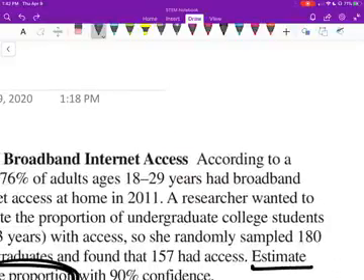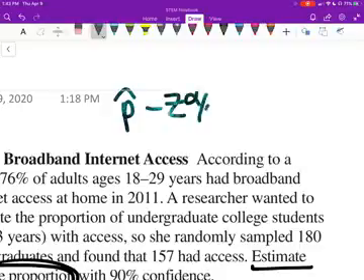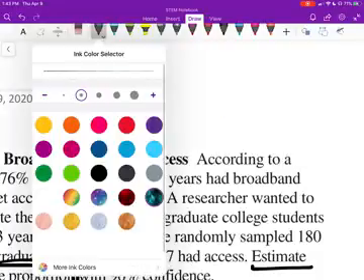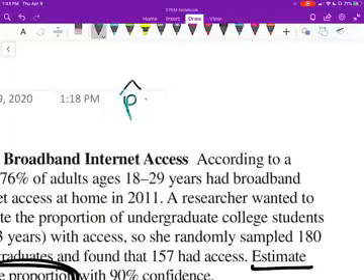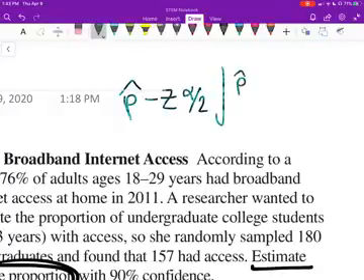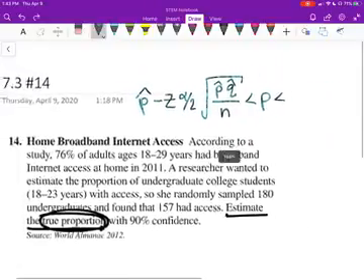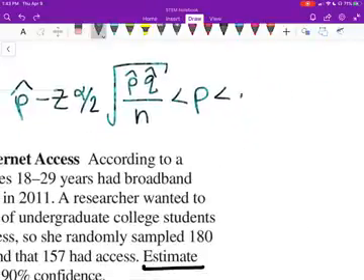So we have p-hat minus z alpha over 2. So we have p-hat minus z of alpha over 2 times the square root of p-hat times q-hat over n, which is less than p, which is less than, and then the same thing on the other side.